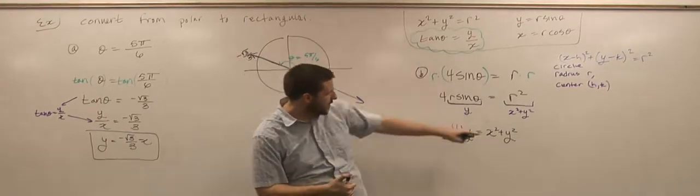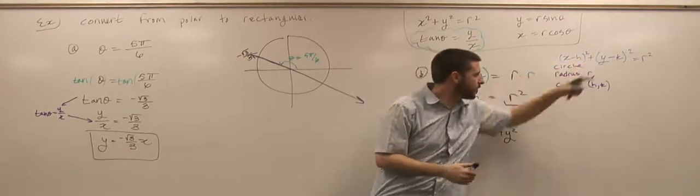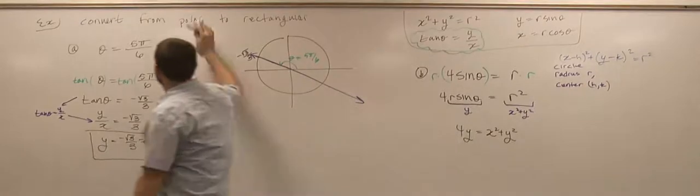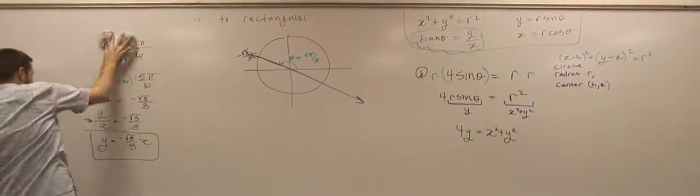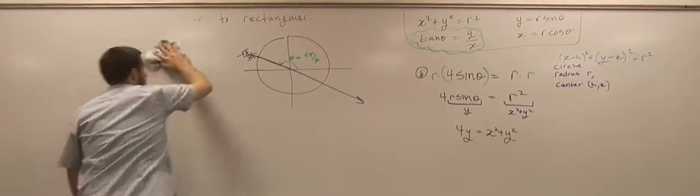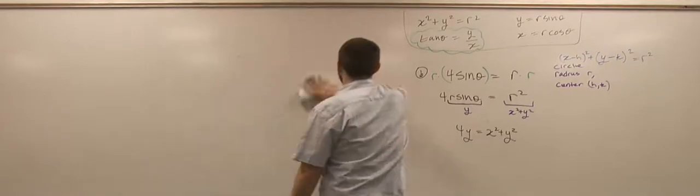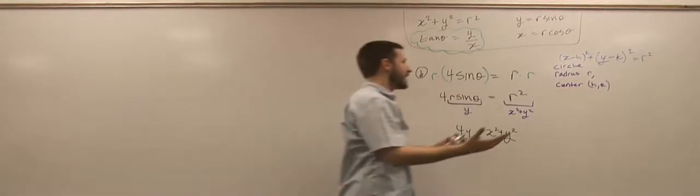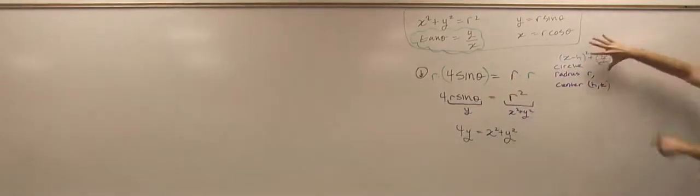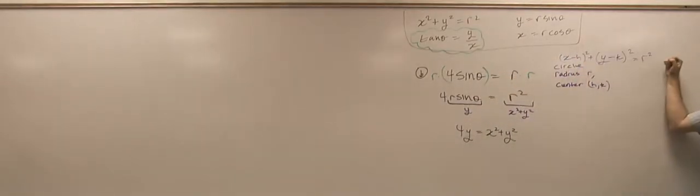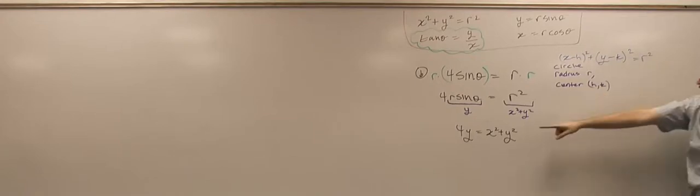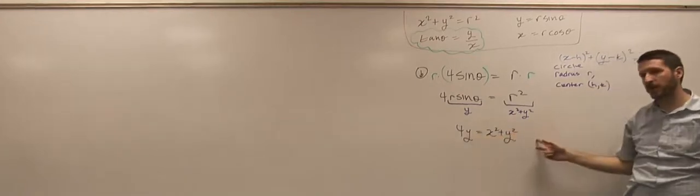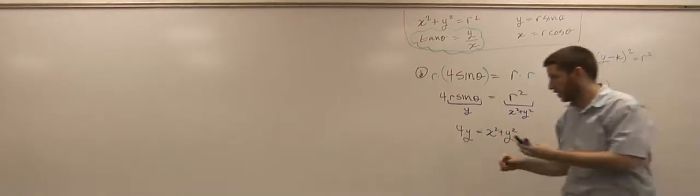So how can I manipulate this equation to put it in this form? One thing I know about this equation is that it has all my x's and y's on one side and then constants on the other. So I'm going to move my 4y over with my y squared.